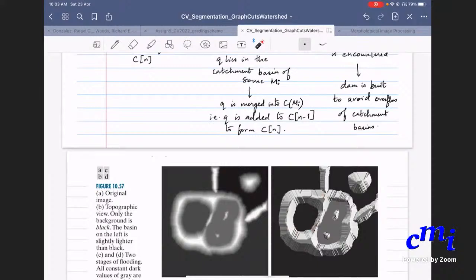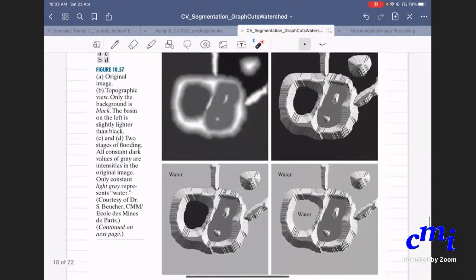So just to describe this picture further, this is the base. So this is the starting point. When the water starts filling in, here there is going to be water, and here there will be water. So that's this image. Now you can imagine it slowly rising.